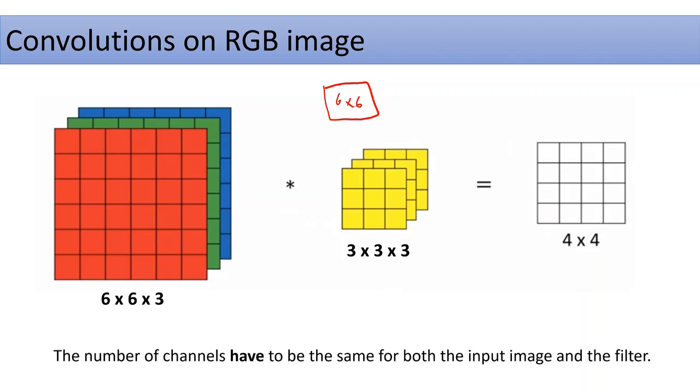The 6 here is the height, this is the width, and this is the number of channels. Similarly, for our filter, we have a height, a width and a number of channels. The important thing is that the number of channels in the input image must be equal to the number of channels in the filter matrix.